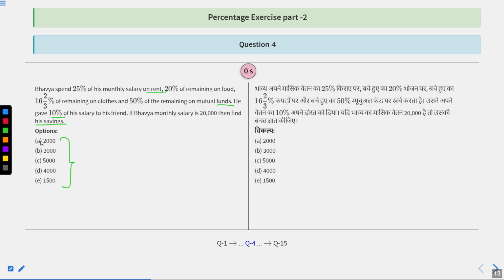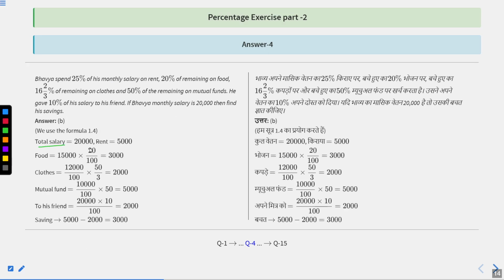Now time's up. Let's see the solution. Total salary will be 20,000. It is given total salary is 20,000. So if salary is 20,000, he spent on rent 25%, which is 5,000. Food, 20% of 15,000, which is 3,000. Cloth, 16 2 by 3% of 12,000, which is 2,000.